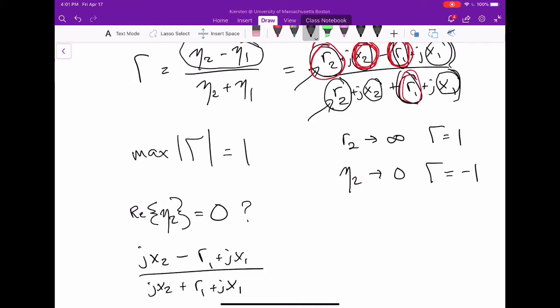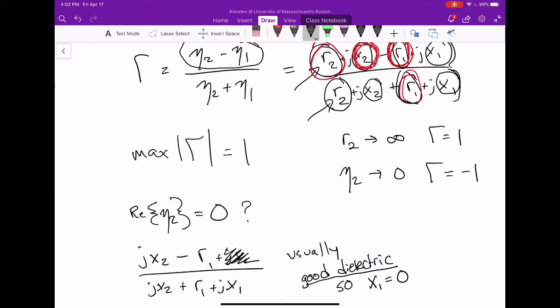Now, usually we have a good dielectric, so x1 is equal to 0. Because usually your plane waves are incident from some medium in which it's easy to generate a plane wave, which is a good dielectric.